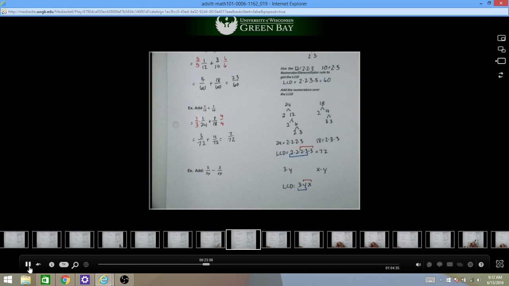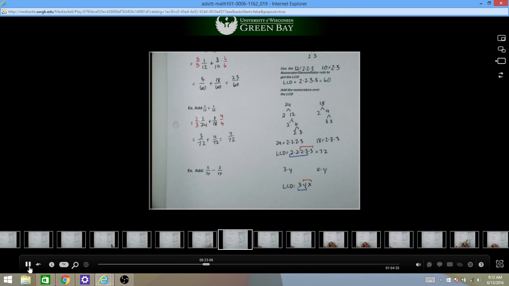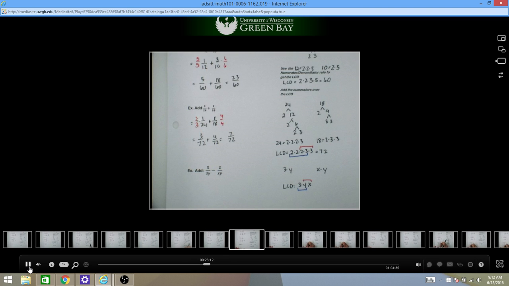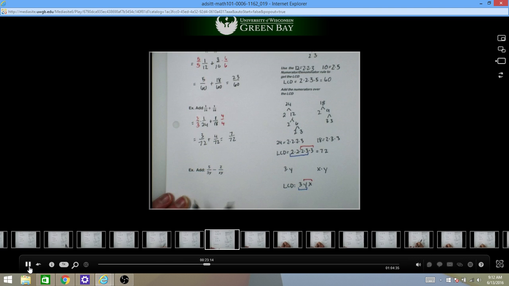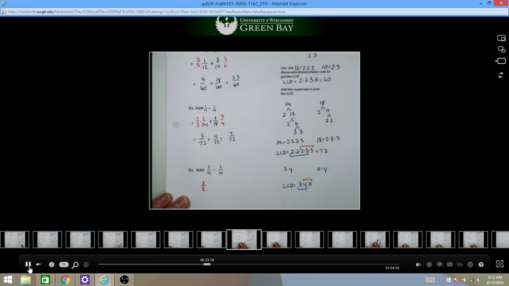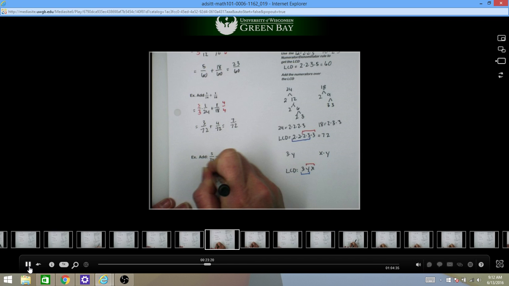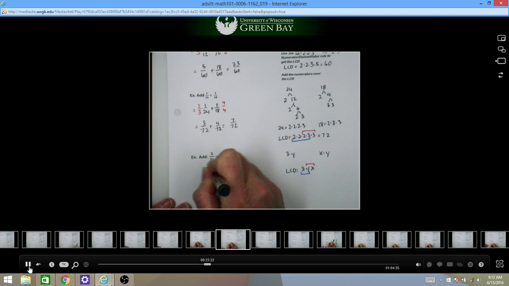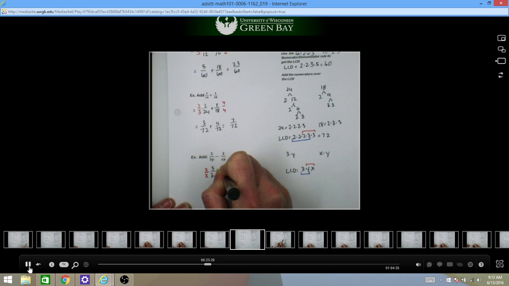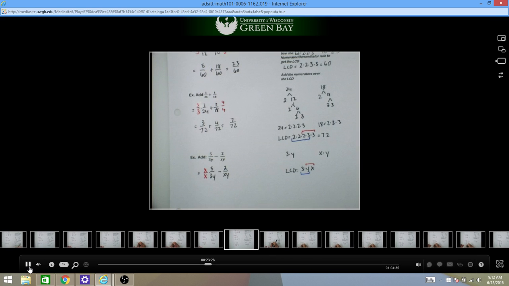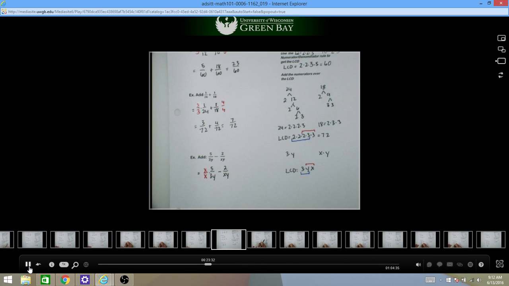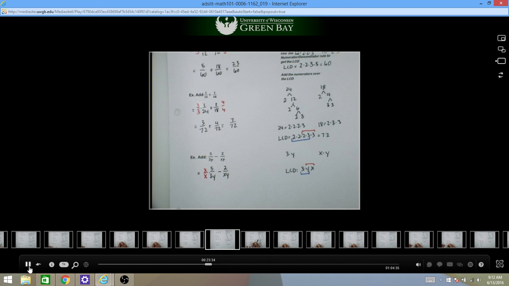Okay, so let's build up our fractions. Let's take the 5 over 3y and multiply it by x over x. And we're multiplying 2 over xy by 3 over 3, because we want to get a least common denominator.